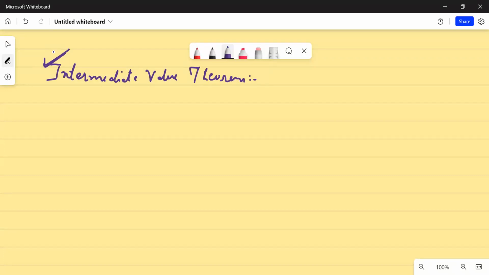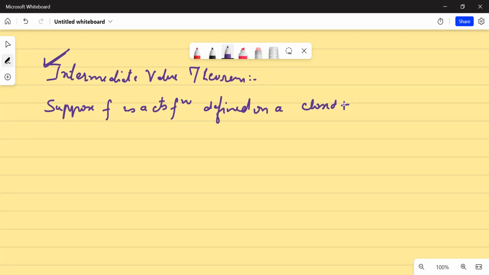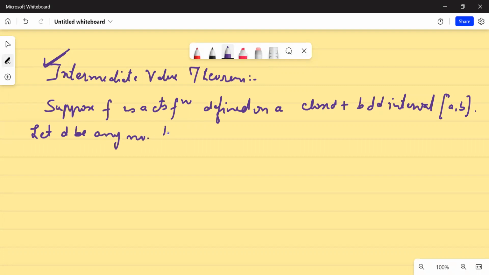So what did I tell you initially? Suppose f is a continuous function defined on a closed and bounded interval [a, b], and let d be any number between f(a) and f(b).